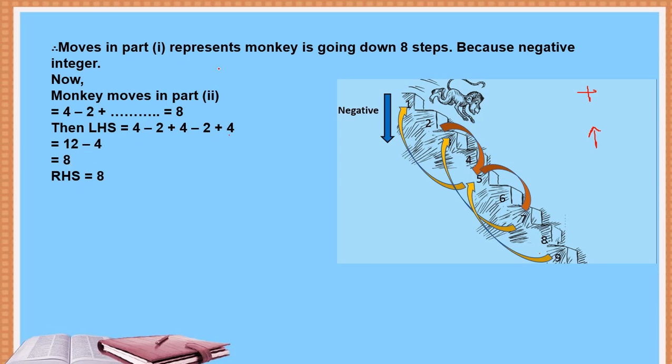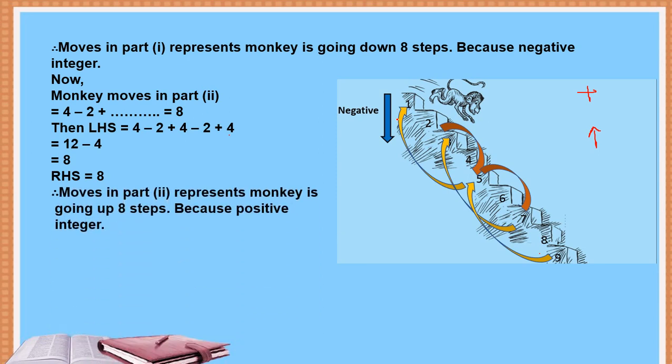So what we can say is that the representation of 8 is a positive integer, for going back to the first step. So monkey moves in part 2 represents the monkey going upside, a total of 8 steps, because we have taken it as a positive integer.